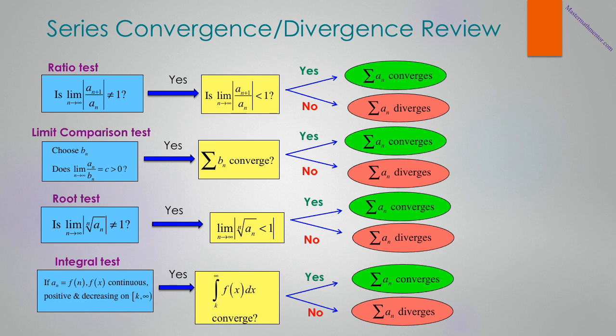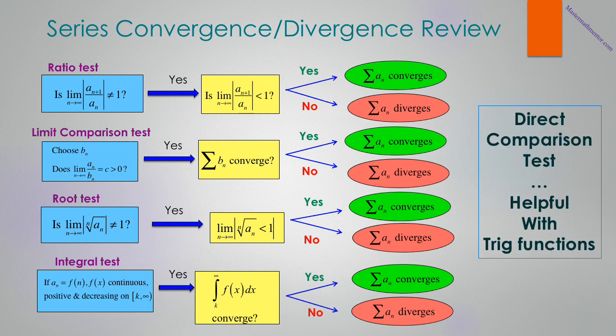So we then look at the integral from k to infinity of f of x dx and ask whether that is convergent. If the answer to that is yes, then our series converges. If the answer to that is no, then our series a sub n diverges.